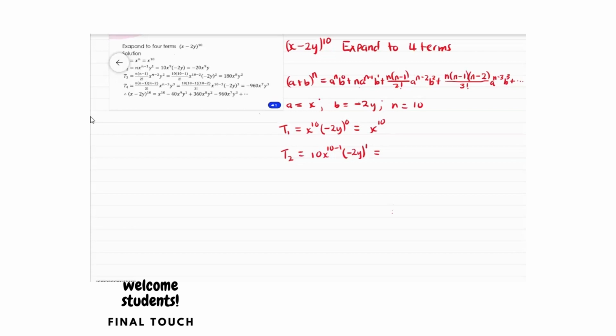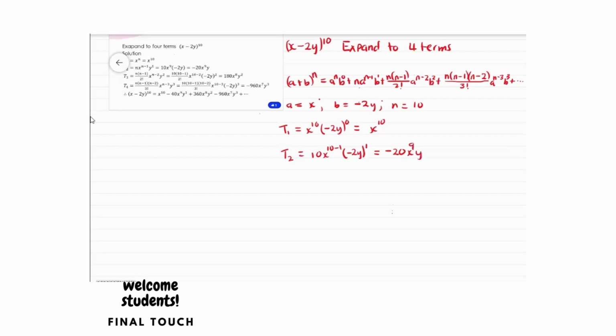So we remain with negative 2y, and if we multiply by 10 here, we're going to have negative 20 x to the power 10 minus 1, which is 9, and then y.